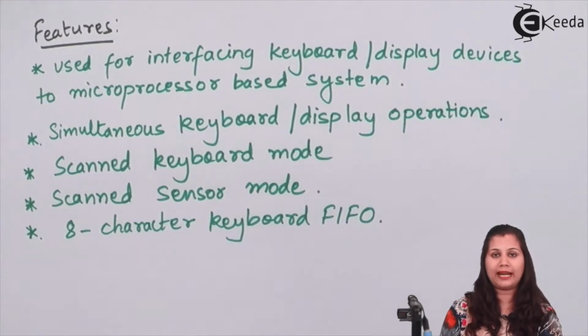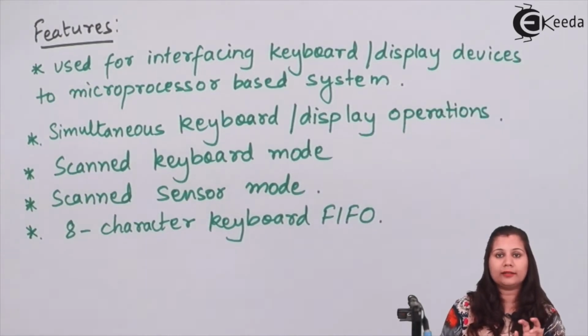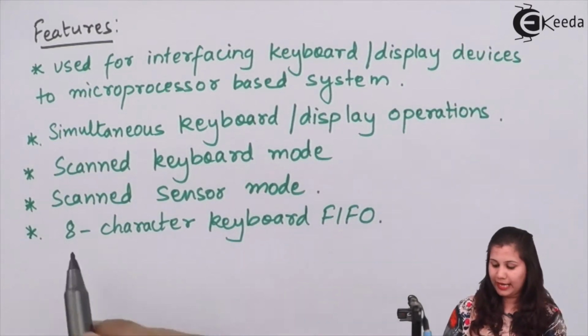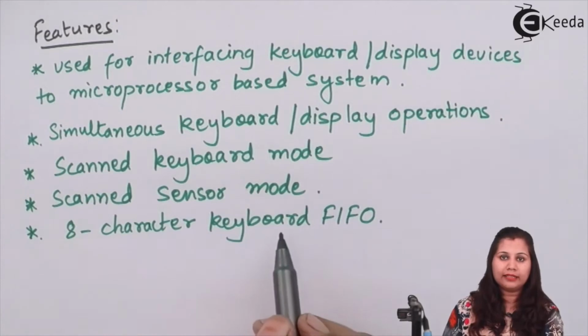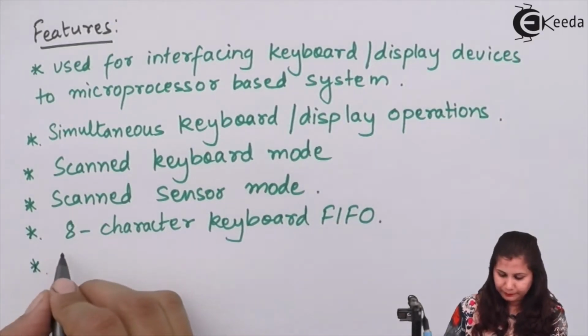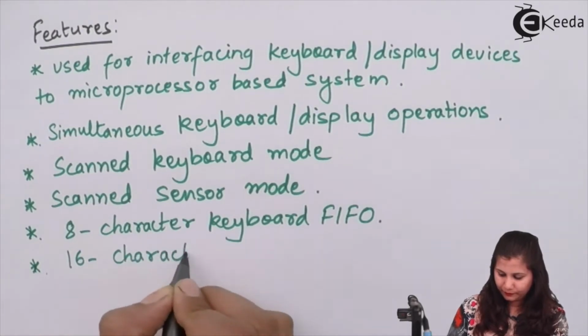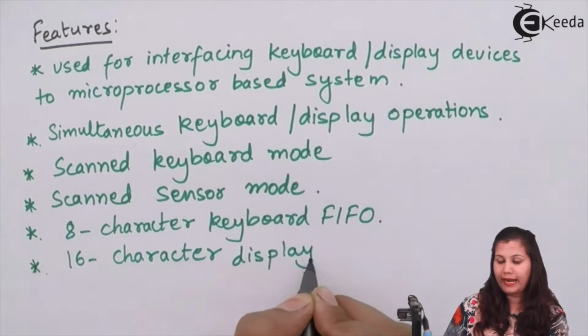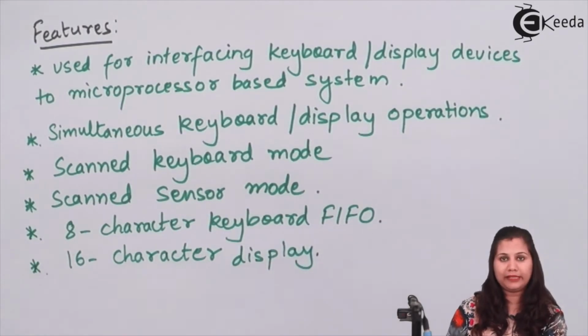That means the character which is first stored into the memory will be the first to get out of the memory, as an output of the memory. So it is a first in first out memory, and it is an 8 character keyboard memory. 8 bytes can be stored. Similarly, a RAM is there for the display devices also.